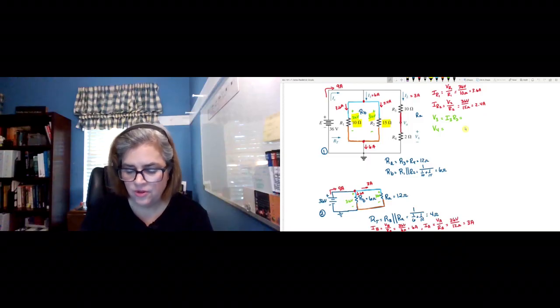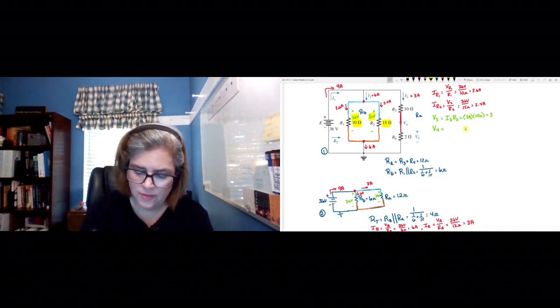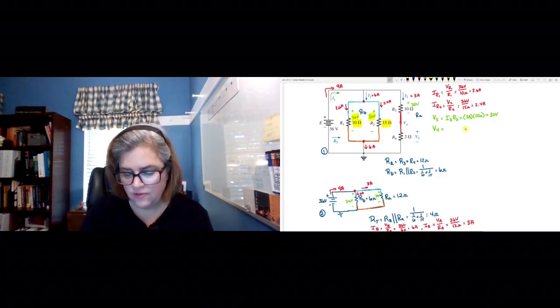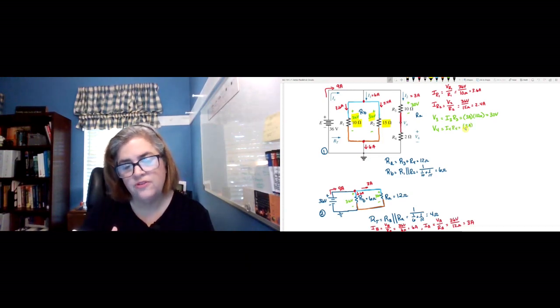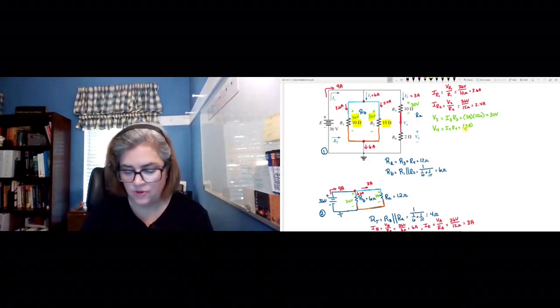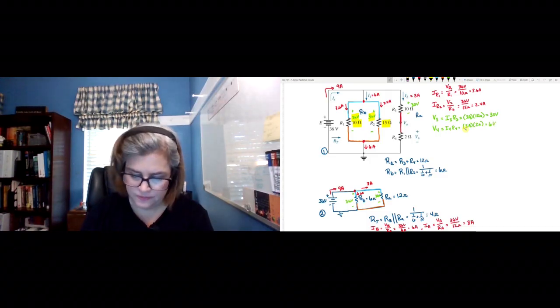So the current through R3 is that 3 amps, and the resistance is 10 ohms. So we've got 30 volts drop here. And for V4, that's going to be I4 times R4, which, since R3 and R4 are in series, they both have that 3 amps through them. So we're going to have 6 volts there.